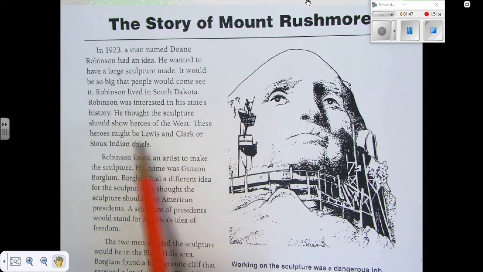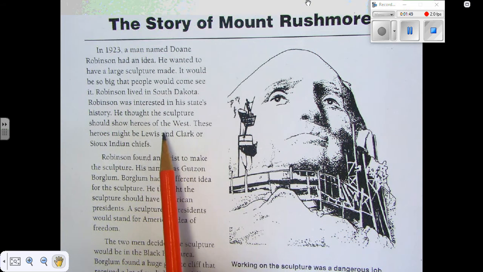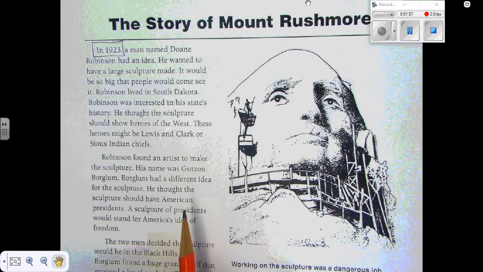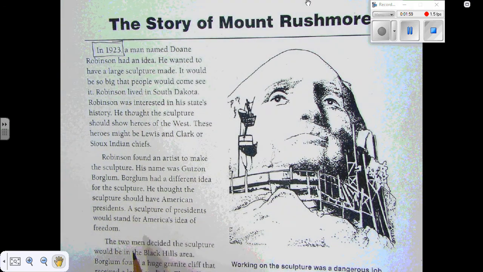And if you continue throughout this paragraph, it's talking about what his idea was and what he wants this sculpture to be. So I'm noticing that right here, I have a date, I have a year, and I also know what happened in this year.